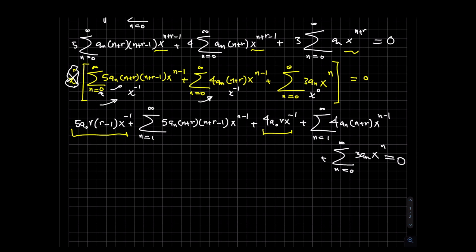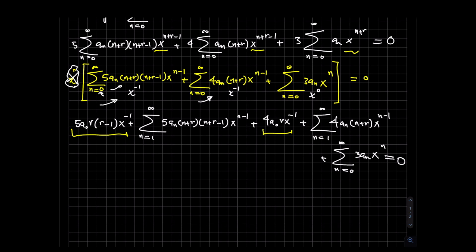So for now, we notice that both of these yellow underlined terms have common x to the minus 1, so I could combine their coefficients. So I have 5a naught r minus 1. Actually, a naught is a constant too, but let's just pull that out too, so that you could see the whole thing done at once.